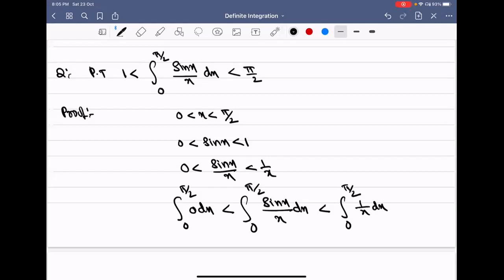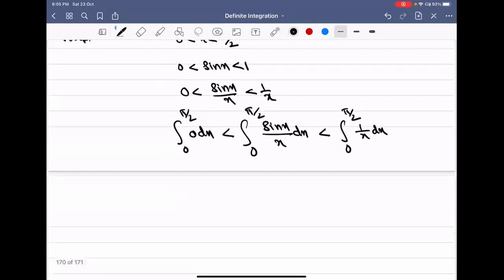Now this integration of 0 dx is 0 only, is less than integration of 0 to pi by 2 sin x by x dx is less than integration of 0 to pi by 2 1 by x.